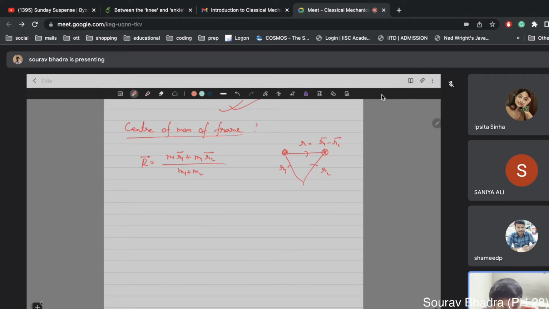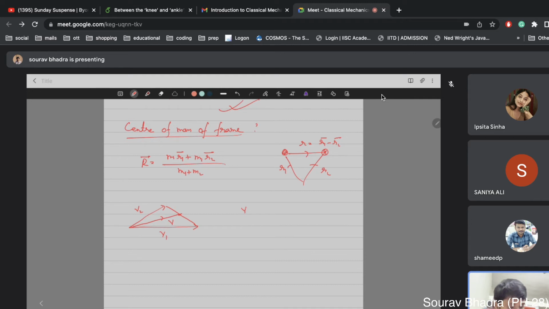Suppose there are two masses m1 and m2 which are moving with velocities v1 and v2, and if you calculate the center of mass frame, capital V is the center of mass velocity of this system.